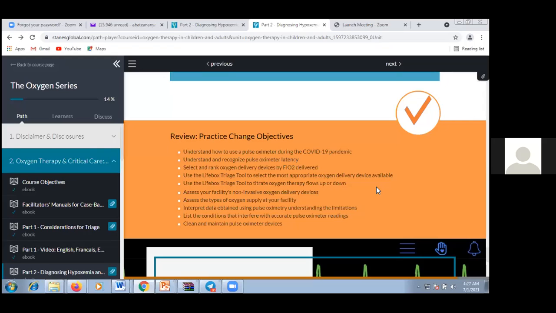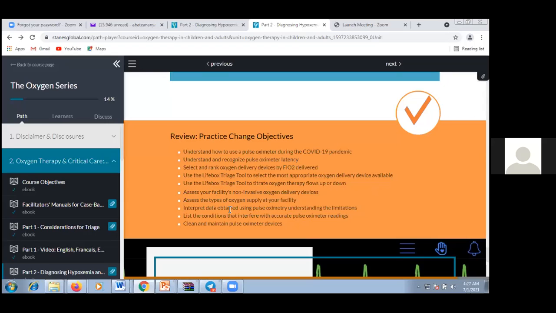What is left now, at the end of this session, is that you have to assess your facility, the available oxygen delivery devices and oxygen support at your facility, assess your oxygen consumption rate, and come up with a plan whether to improve this oxygen supply or not.